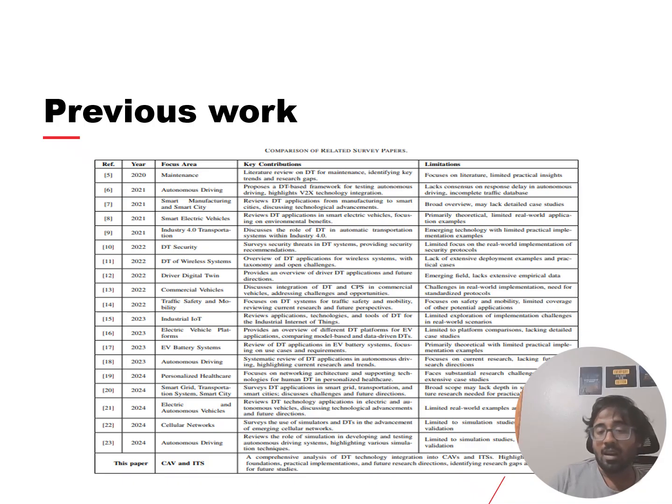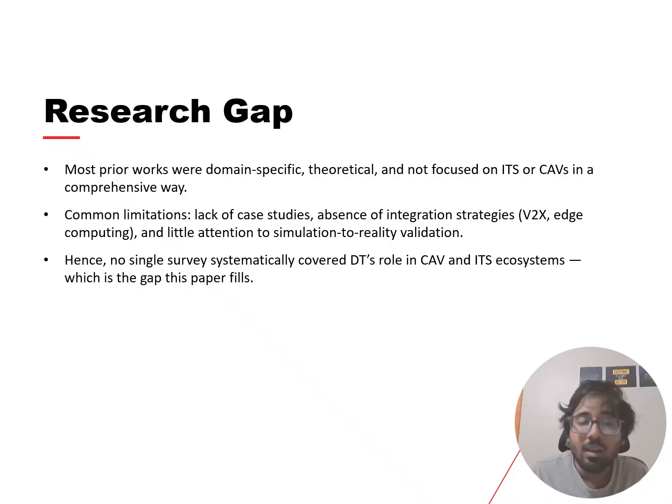No practical information is provided and no case studies are discussed. So no single survey systematically covered the DT's role in the CAV and ITS ecosystem, which is the research gap, and they cover it in this paper.